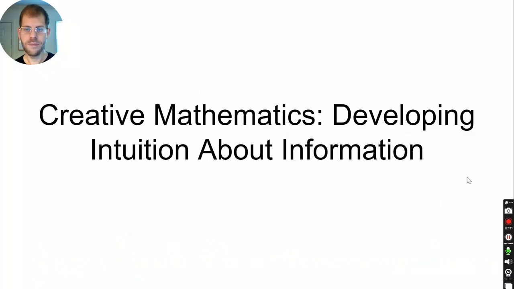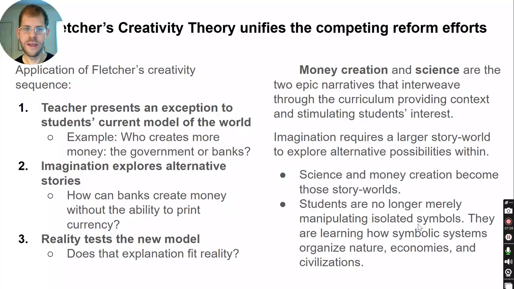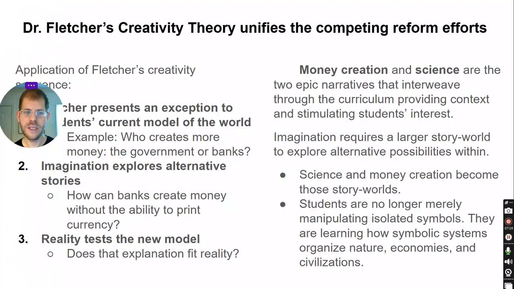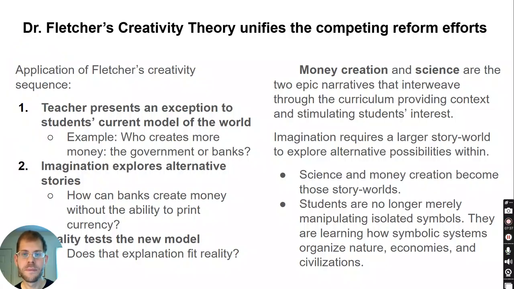So the solution is what I call creative mathematics, and the purpose of that is to develop intuition about information. So that fixes all these current problems with math, I think. And it's based on Ohio State professor Angus Fletcher's theory of creativity.